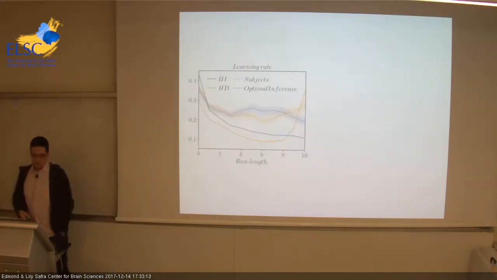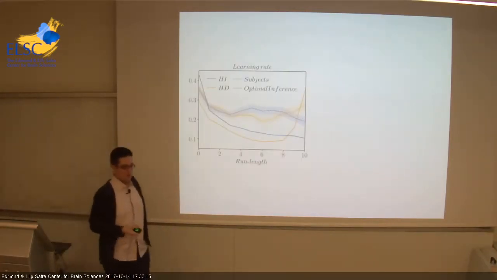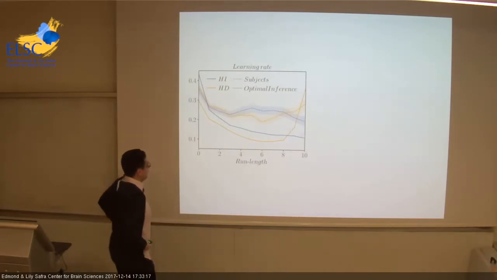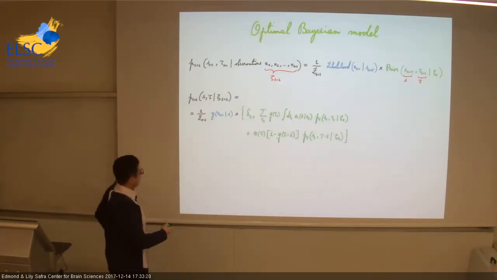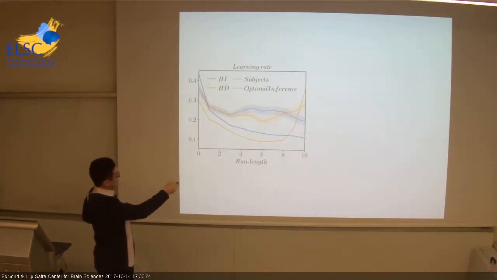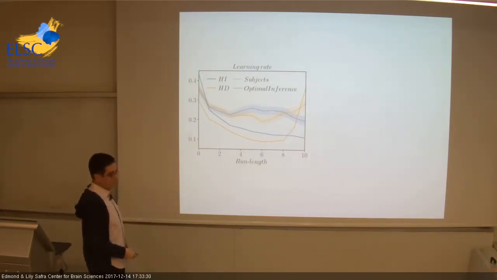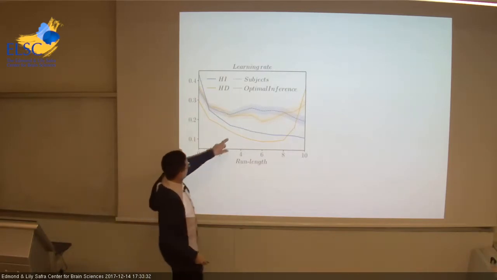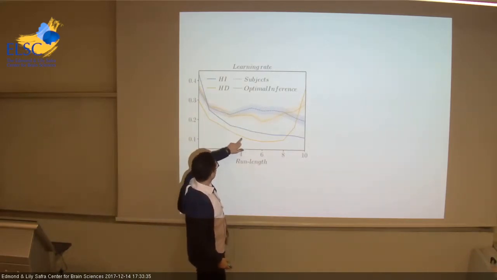Okay. So what does the comparison with the human behavior give? So this is what you see. What you see is that here the human behavior is these dashed lines, and the optimal Bayesian model are these solid lines. Okay. And what you see is that qualitatively there is an agreement.